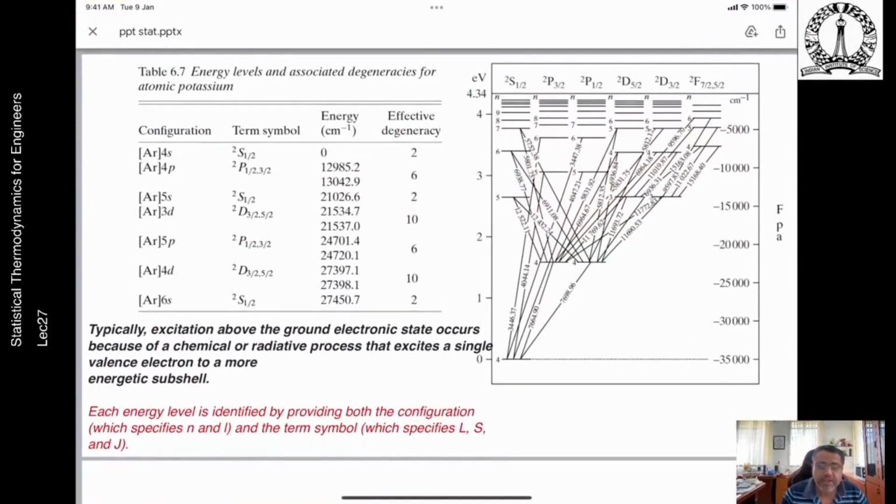As you can see over here, look at the doublet state P 1/2 and P 3/2, or look at D 3/2 and 5/2. The change in energy is very, very low.